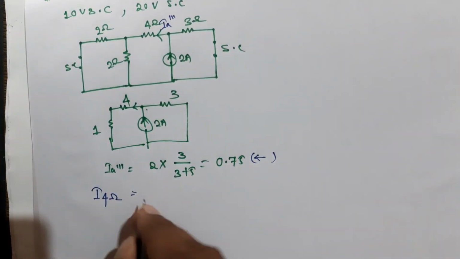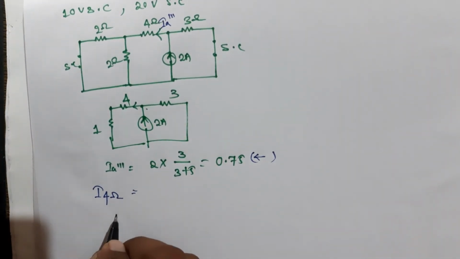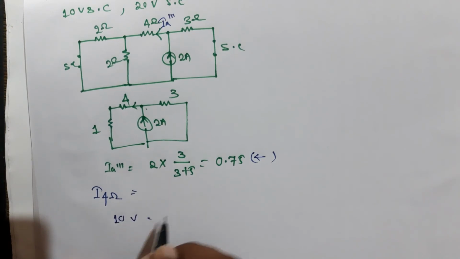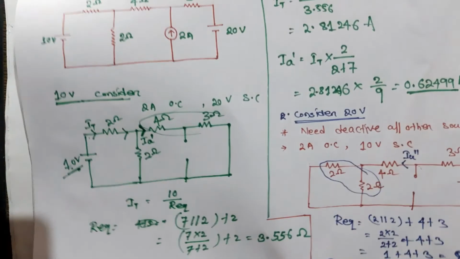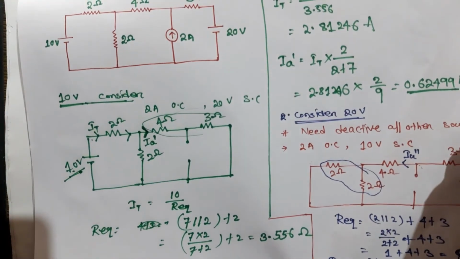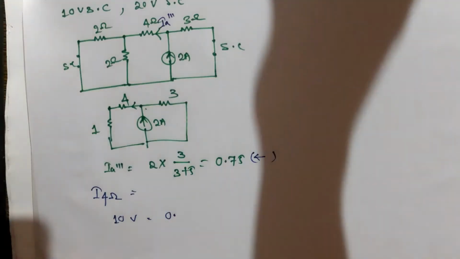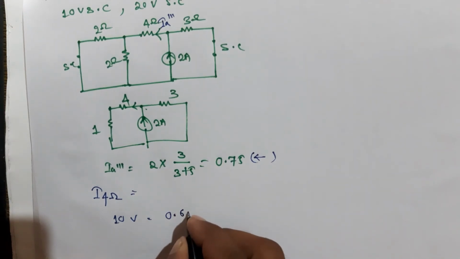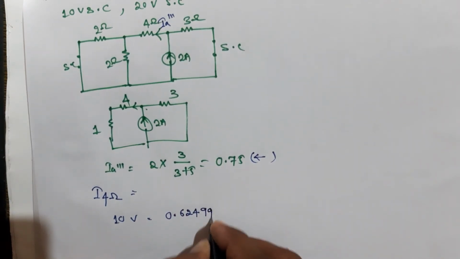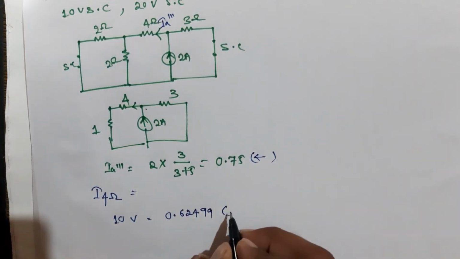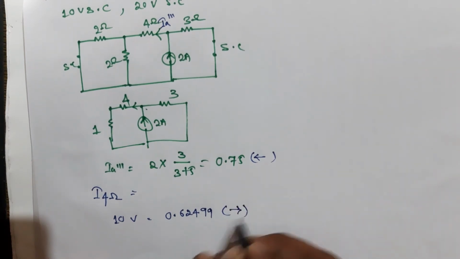When we consider the 10 volt, the current is 0.62499, in this direction.